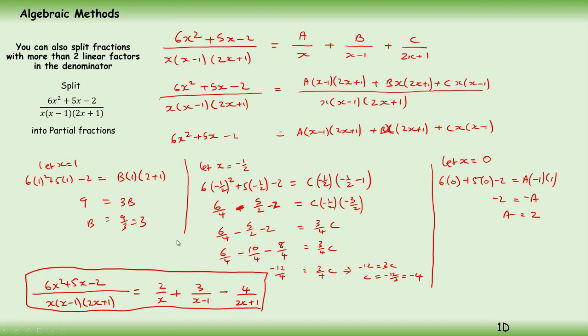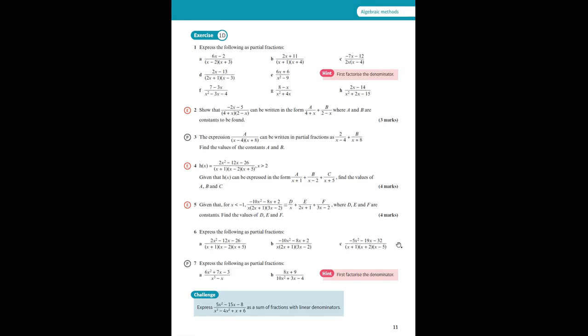Good. Make some notes, and once you've done that, I've got some questions for you to do. So hit pause, make some notes, and then we'll move on to your questions. Okay, and your exercises, it's exercise 1D on page 11 of the A2 book.